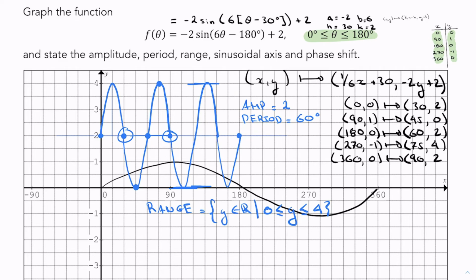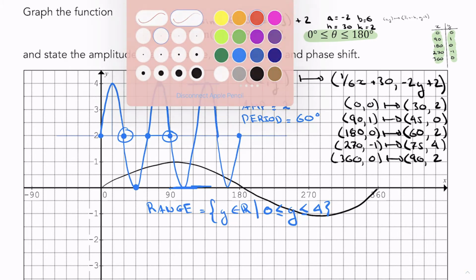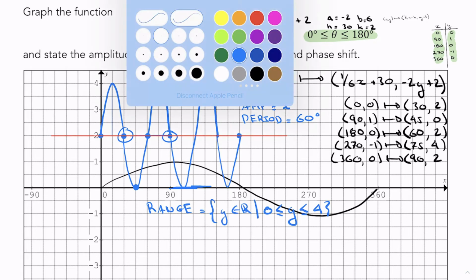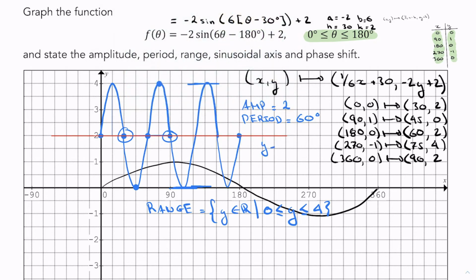So there's our range. The sinusoidal axis is the line down the middle, which in this case is going to be y equals 2.